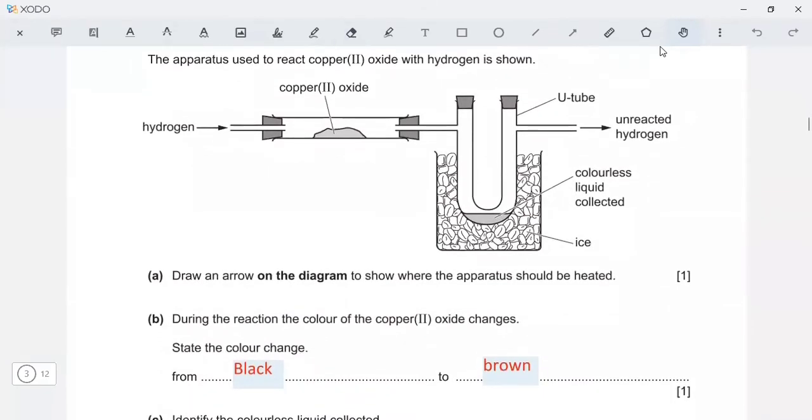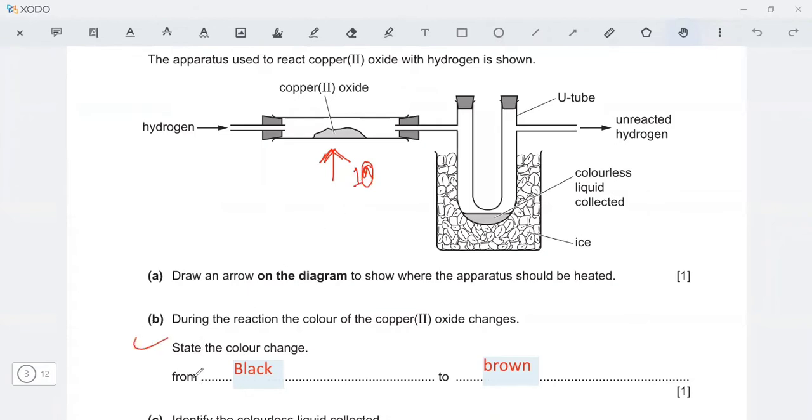It is clearly visible that this copper oxide is going to be heated over here. So just draw the arrow mark. Here the copper oxide is being heated. Clear? Now let me move on to the second question. While you are writing these answers, make sure this answer is number 1A.